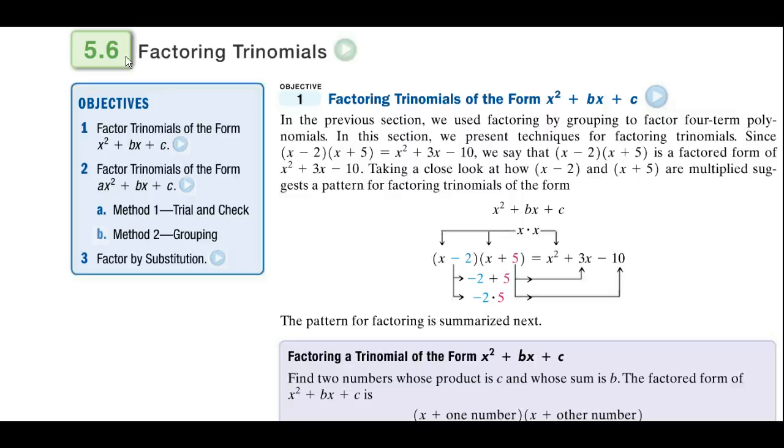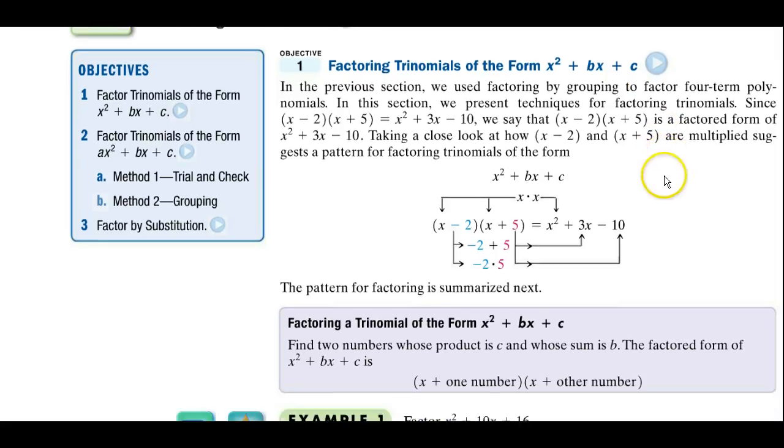All of the skill we did with identifying terms and coefficients and the various operations we do in algebra, solving equations, multiplying, because now we are going to factor trinomials in the form of x squared plus bx plus c.